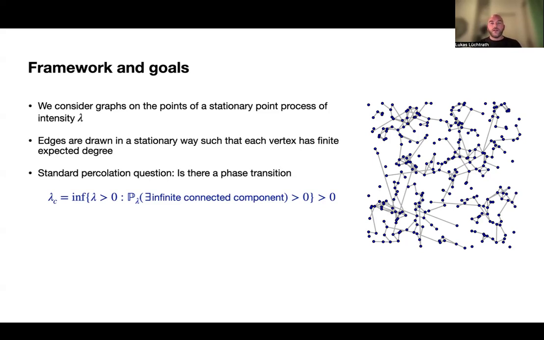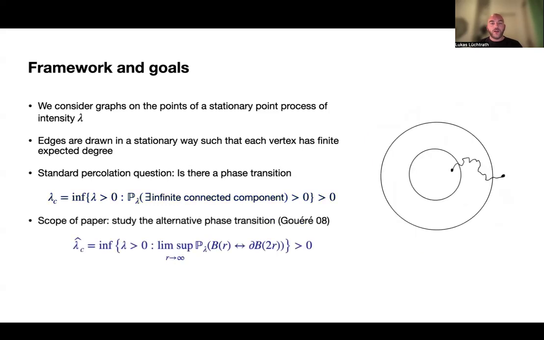And rather than studying this question, we study an alternative phase transition called lambda hat c that goes back to Guret in this context. And here we ask, is it possible to prevent larger and larger annuli to be crossed for small intensity?